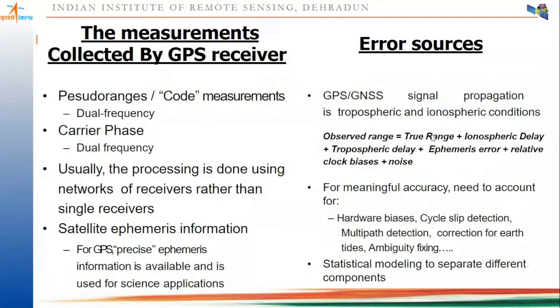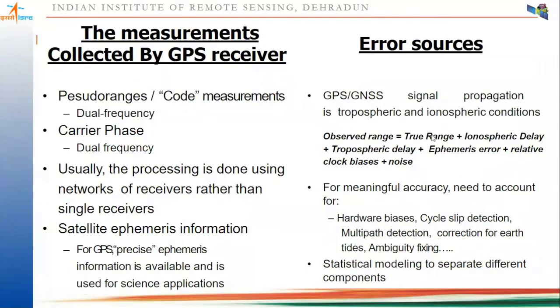You can find the distance using the two-point formula: square root of (x1 minus x2) square plus (y1 minus y2) square plus (z1 minus z2) square. You know the precise location of the GPS satellite and the location of the receiver, so using this two-point distance formula you can simply find the geometric distance.